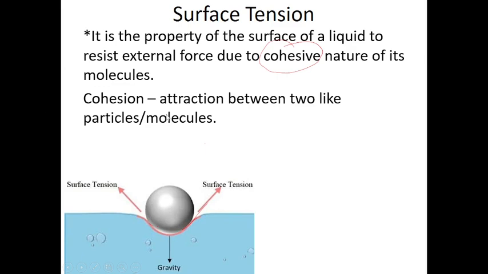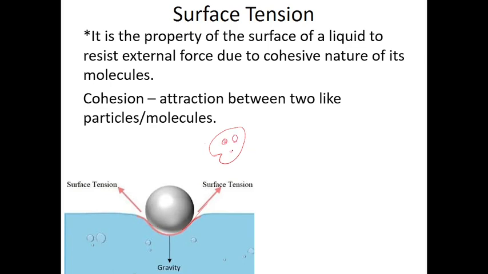So, pag sinabi natin cohesion, it is the attraction between two like particles or molecules. Kaya kung mapapansin nyo, halimbawa, umulan, kung ito yung isang dahon ng isang halaman, may mga namumuong tubig, di ba?